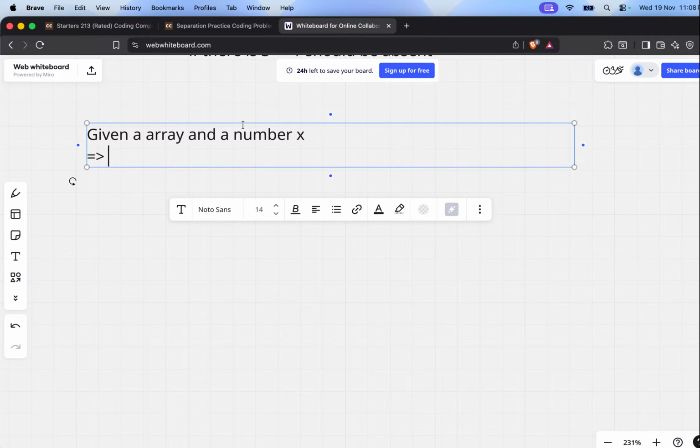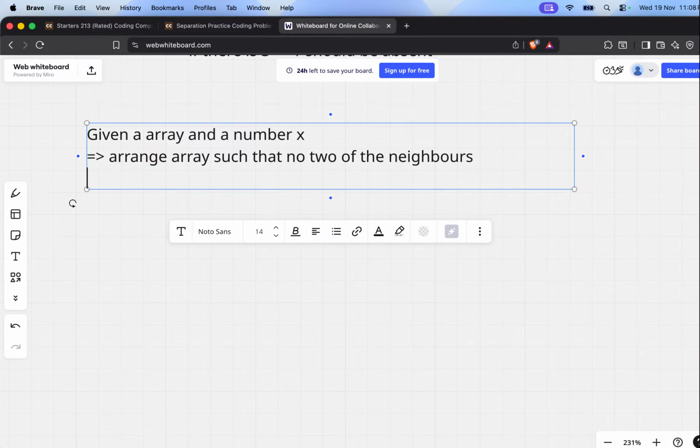We need to arrange the array such that no two neighbors have one greater than x and the other smaller than x.